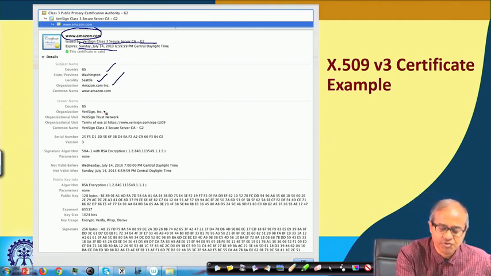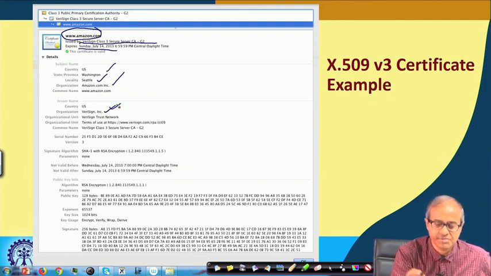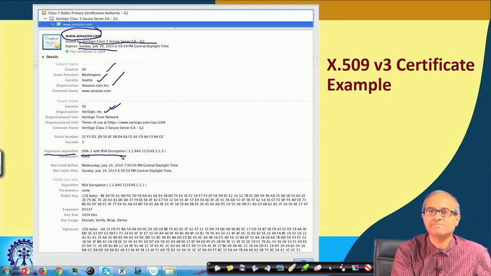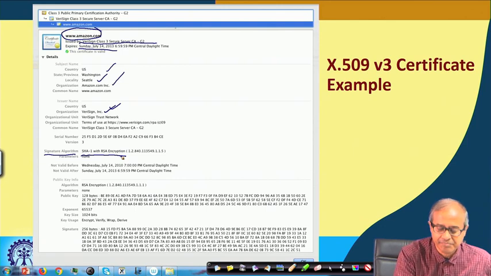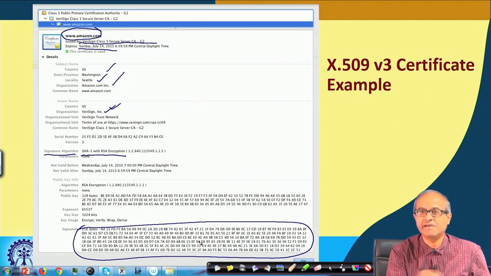So that I can know that I am downloading the correct certificate. VeriSign is the party that signed on its behalf, and what signature algorithm is used? The signature algorithm is SHA-1 with RSA encryption. It mentions clearly what algorithm is used. At the end, this is the signature. You can verify the signature from here, right.